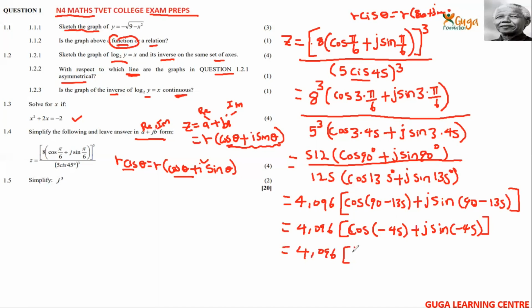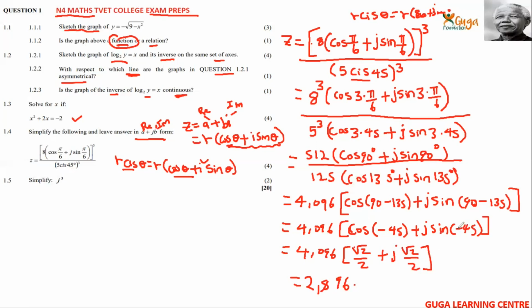So it should be root of 2 over 2 plus j of root of 2 over 2, and then we can just remove the brackets. You will get 2.896, yes.